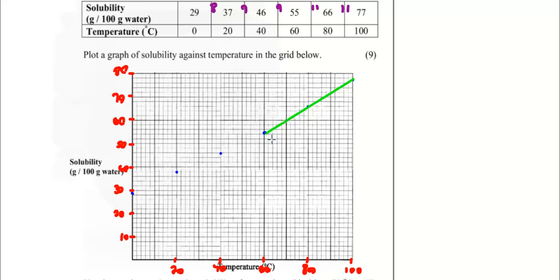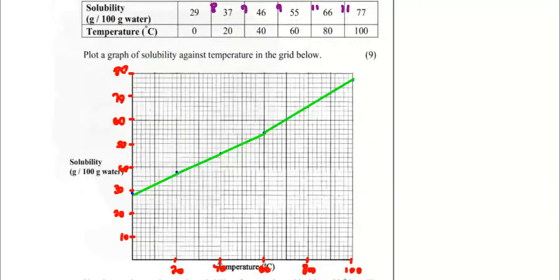This part here is straight, but the other parts aren't, so you have to do a curve. It's pretty close to being straight, but not quite straight, which is unusual.